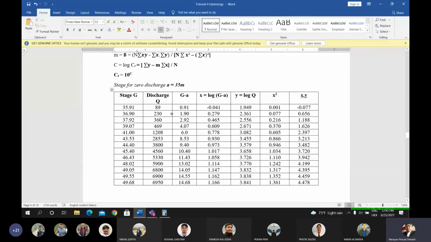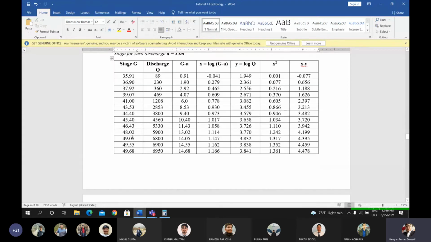Now do this for all the stages and discharges. For the stage 36.90, g minus a is 36.90 minus 35, which is 1.90. Then x is log of 1.90, which gives 0.279. y is equal to log q, so log 89 gives 1.949.